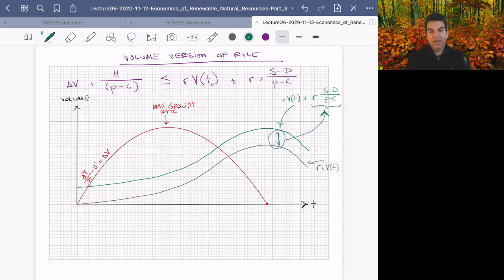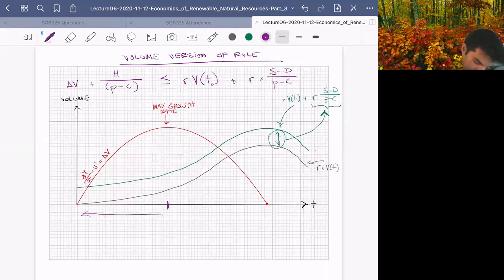But then how do I manage my old growth? Well, let's assume here that H, at some point, let's say after the max growth, so right around here, is basically 0. And we're going to say that H increases over time in this region.